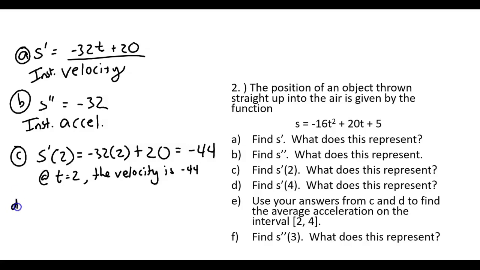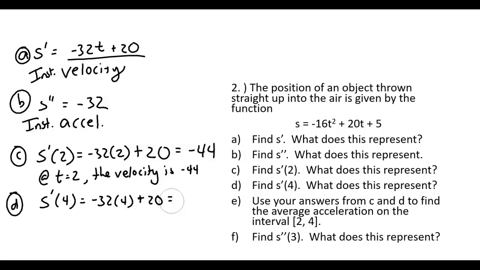All right, let's take a look at part D. Find s prime of 4. What does that represent? Well, it's actually just a repeat question. They're just asking us to do the same thing again, but this time we're plugging in 4. So I think I'll need a calculator for that one.